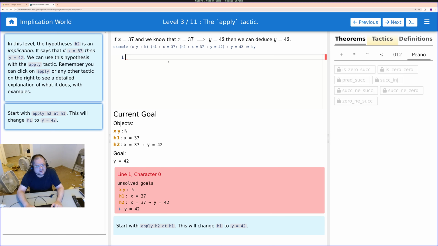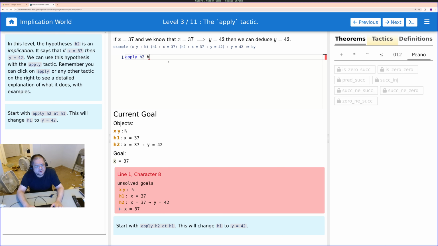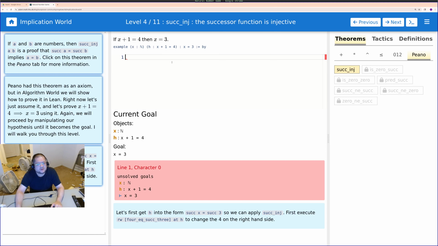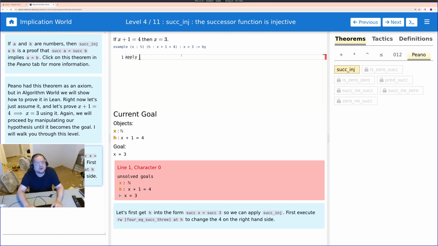Apply tactic. Okay, we're going to apply H2, H1. Successor function is injective.